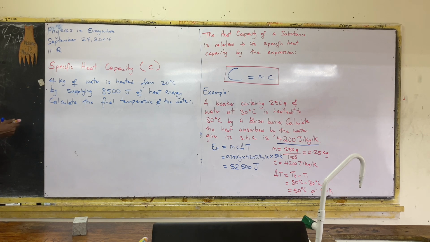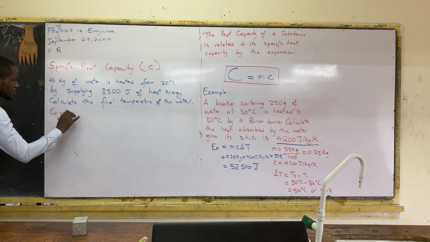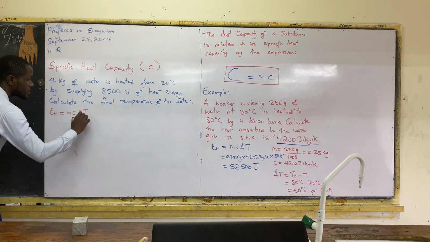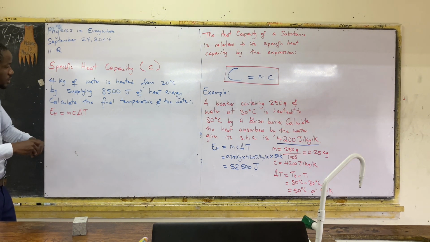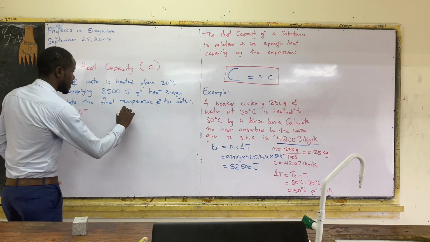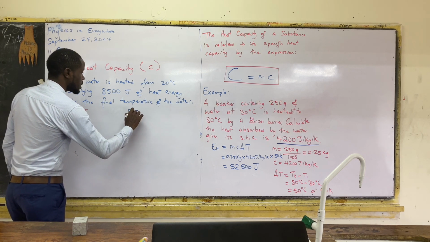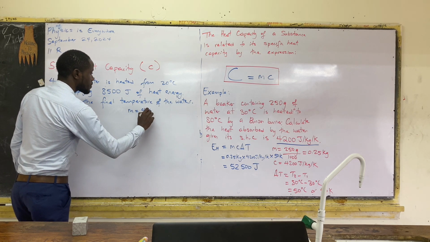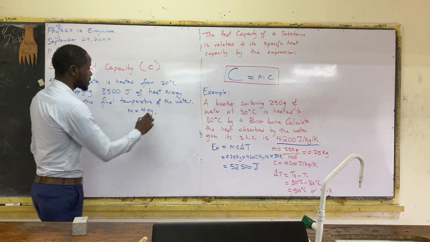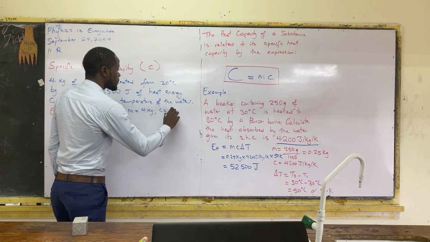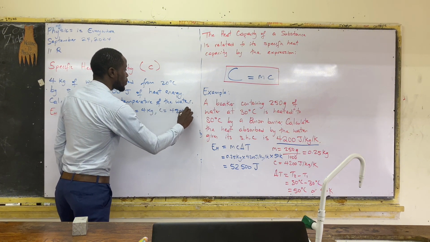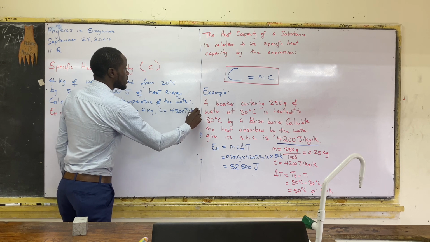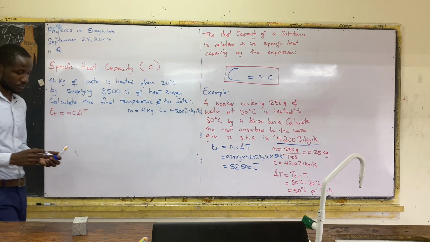So we start out with the formula again. EH is MC delta T. We are given that M is 4 kilogram. C is always 4,200 joule per kilogram per Kelvin once we're talking about water.